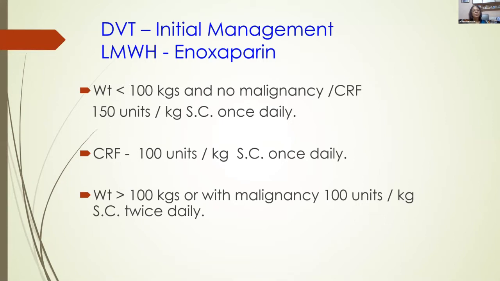If the patient has associated chronic renal failure, the dose comes down to 100 units per kg once a day. But if the weight is more than 100 kgs, or if the patient has associated malignancy, then the recommended dose is 100 units per kg twice daily. That means we give an increased dose with associated malignancy, and of course, it is weight related as well.